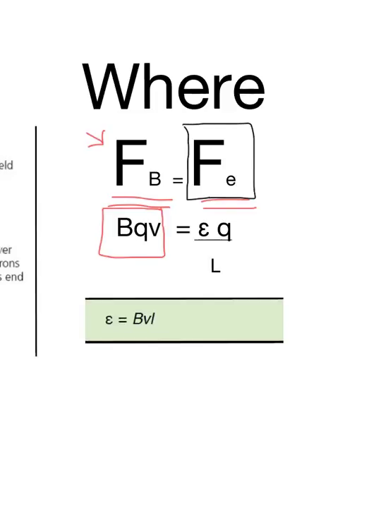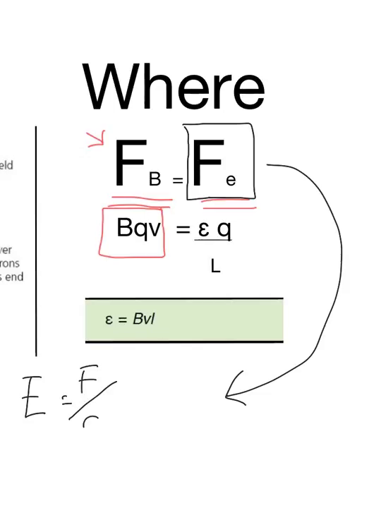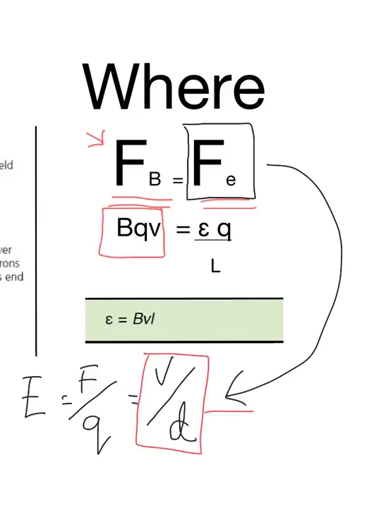Now, let's do a little bit of a side step here. The electric field strength is equal to the force per unit charge. By force we mean the force on a charge that's moving within that field. And it's also equal to the potential difference across the plates, or the position, over D. So we're just going to rewrite these two quantities.